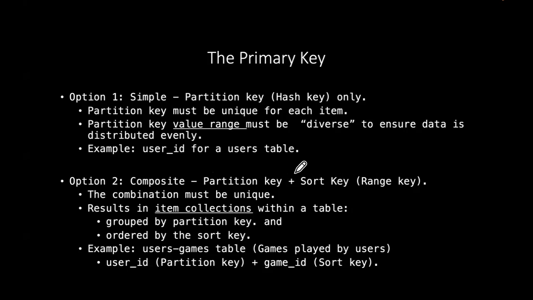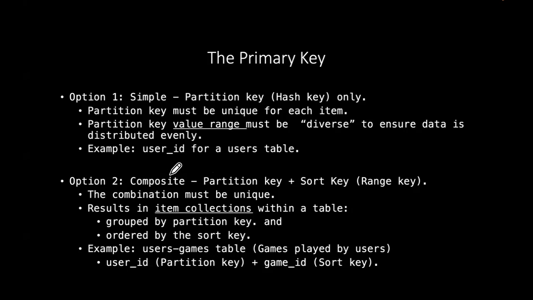This combination of sort key and partition key must be unique for each item in the table. Okay, the partition key now will no longer be unique for each item, but this combination does have to be unique. The combination, that's okay.